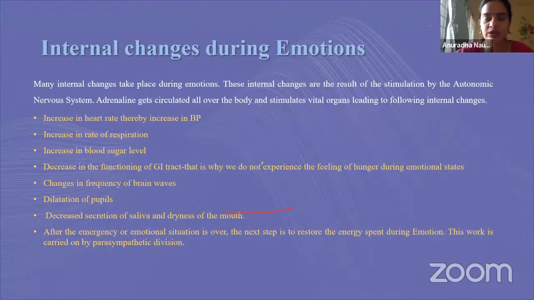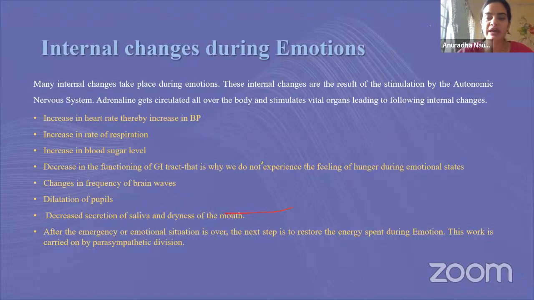And once this situation gets over, the next step for our body is to restore the energy that was spent experiencing that emotion. For example, if you see an animal walking towards you and you experience fear in that situation, after that situation is over, your body's next step would be to restore the energy that was spent.